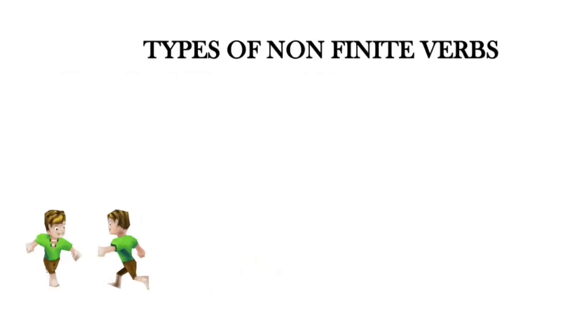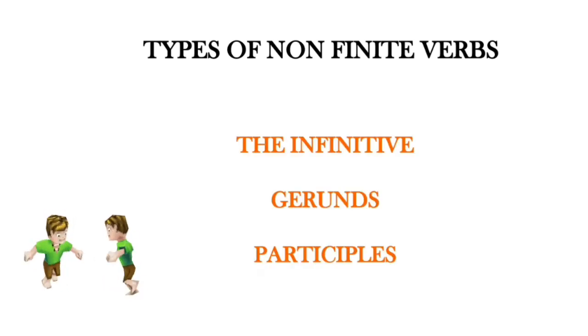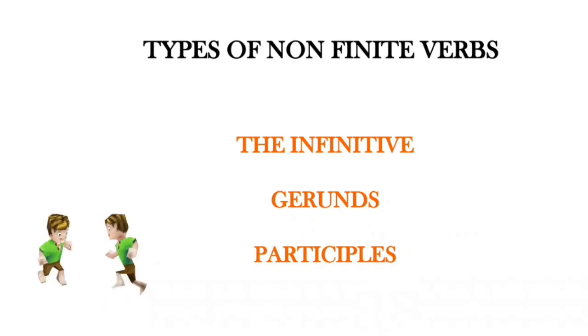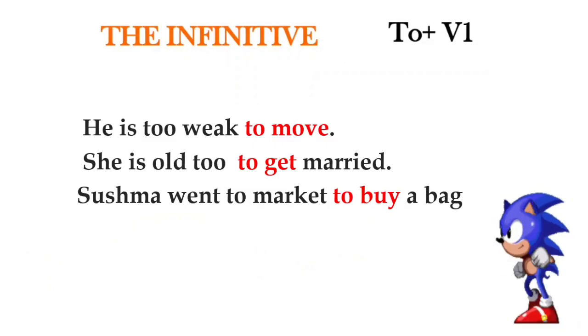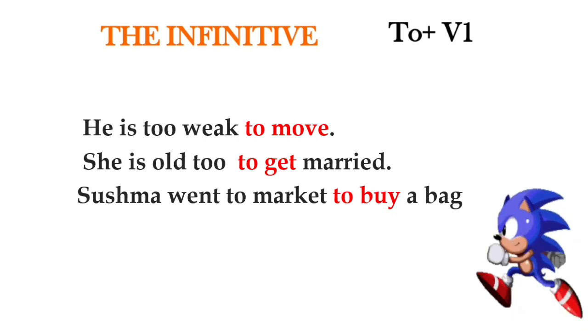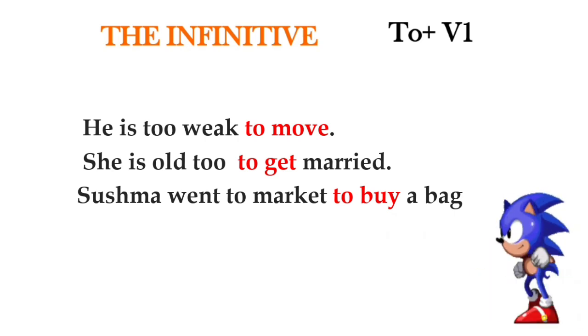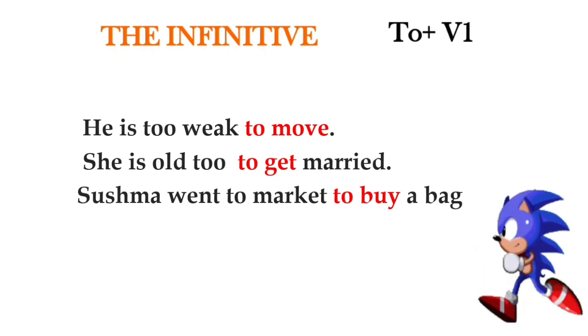Here, the types of non-finite verbs. In non-finite verbs, there are other types. Let's see. The infinitive, gerunds and participles. There are three types of non-finite verbs, that is the infinitive, gerunds and participles. Okay, now go to the first one, the infinitive. The infinitive is nothing but to plus verb 1.